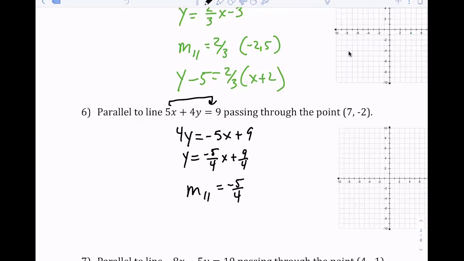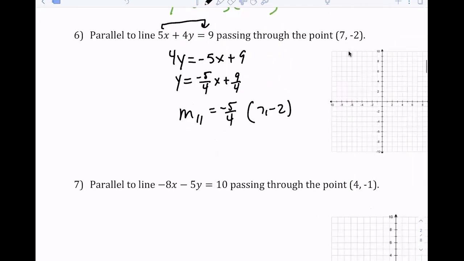What point does it pass through, Connor? 7. So what's the equation? The equation is y minus y1 equals m times x minus x1.